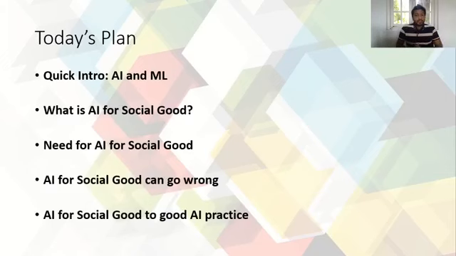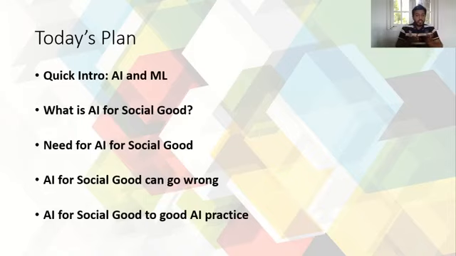So today's plan is I'm going to quickly skim through what AI is and what machine learning is. I'm pretty sure, from looking at the series, that several presenters have touched on this topic in detail, so I'm not going to spend too much time on this.